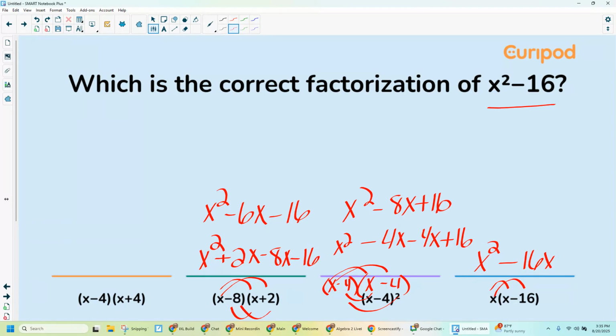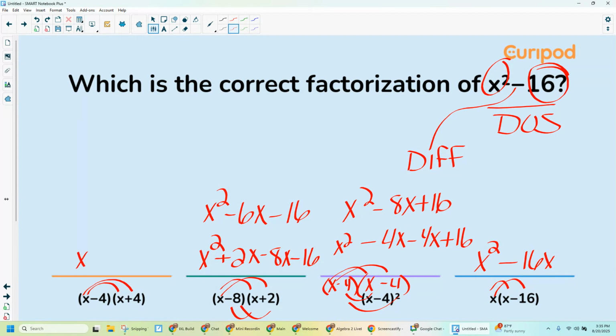So I guess it's going to be a difference of squares, where my first term's a perfect square, my second term's a perfect square, and subtracting in the middle means it's a difference. And it factors down to x minus 4 times x plus 4. Well, let's go ahead and test this out. X times x is x squared. X times 4 is positive 4x.